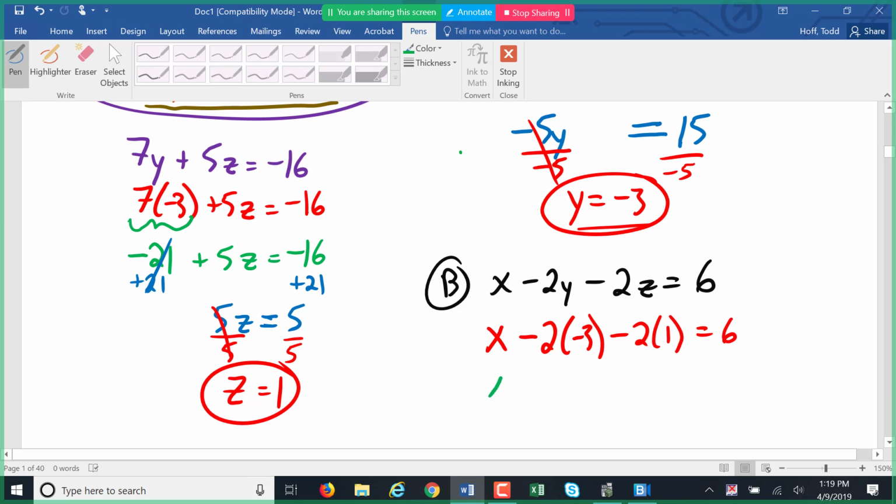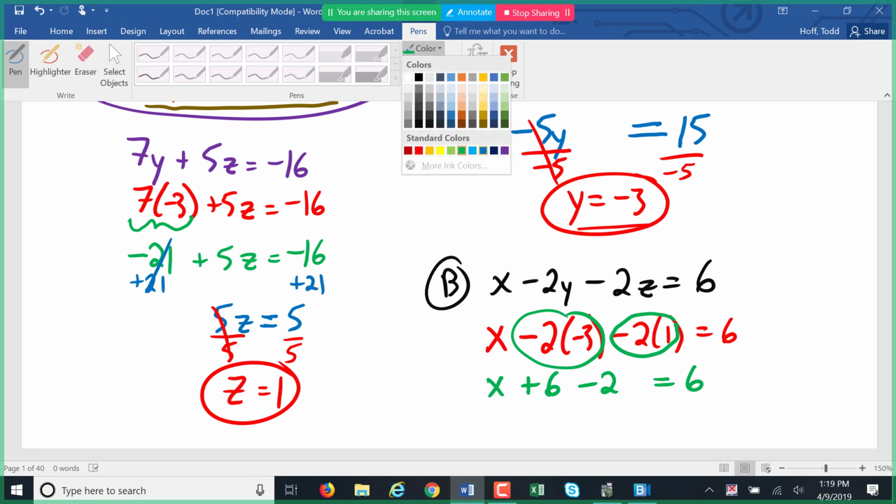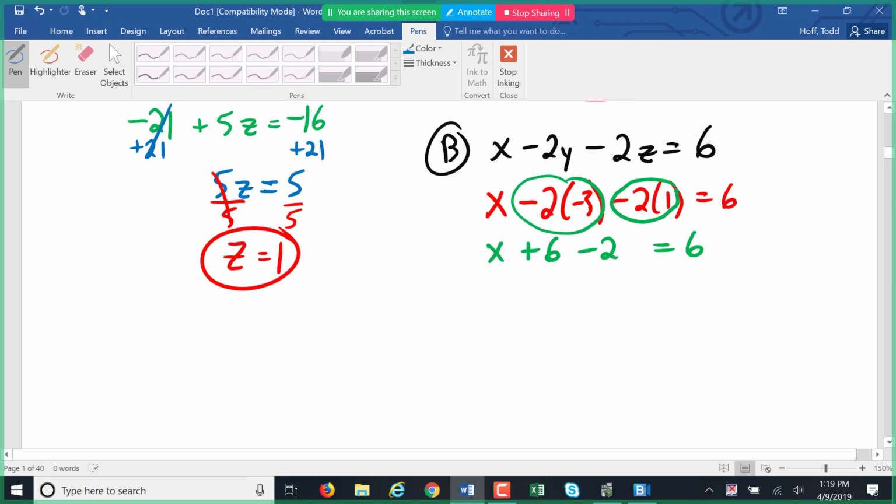So now I'm going to treat this as a negative 2 times negative 3, which is a positive 6. Negative 2 times positive 1 is still negative 2. I'm going to combine. 6 and negative 2 make positive 4.